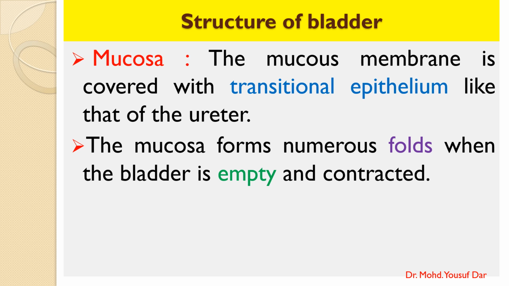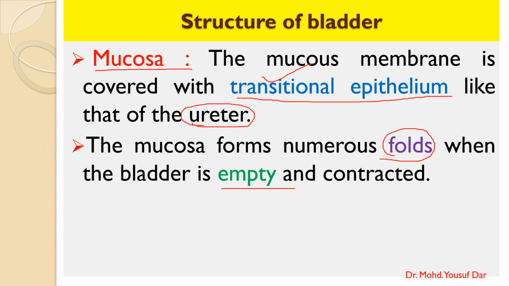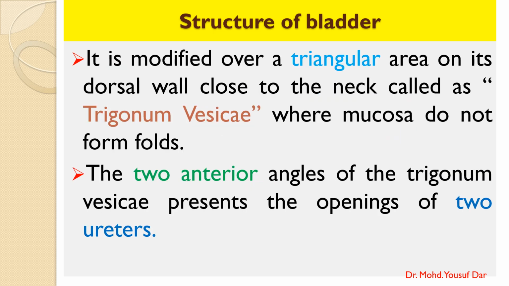The innermost layer is the mucosa, the mucous membrane, which is lined with transitional epithelium like that of the ureter. The mucosa forms numerous folds when the urinary bladder is empty, but there is a triangular area where these mucosal folds are absent.